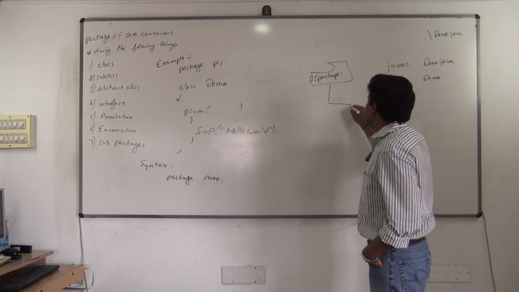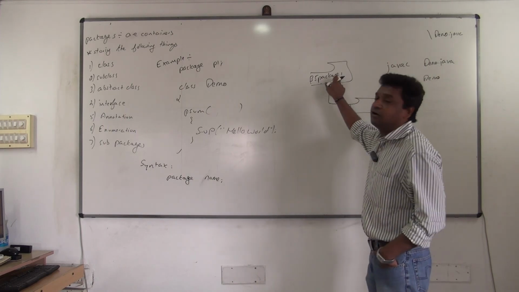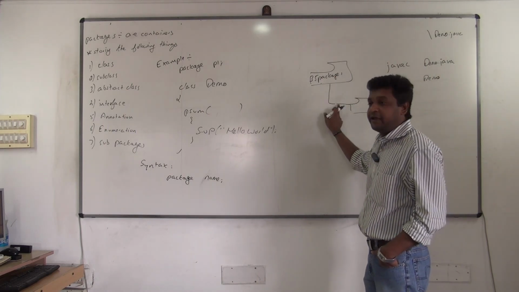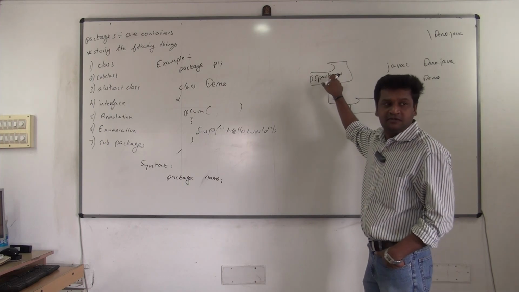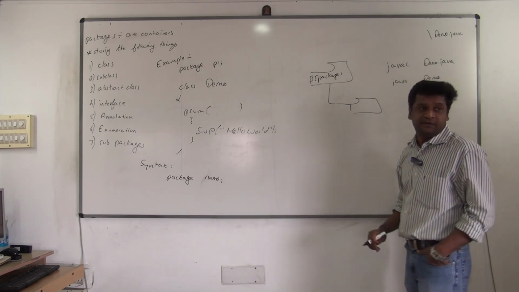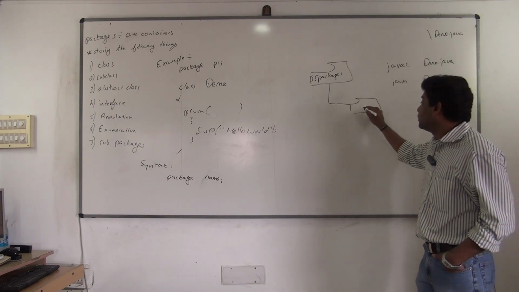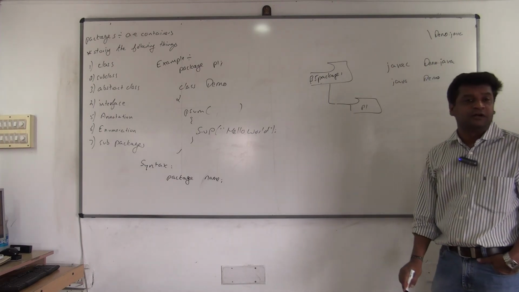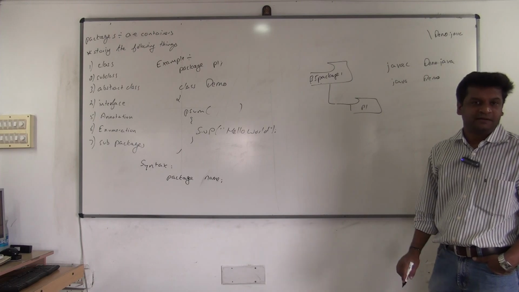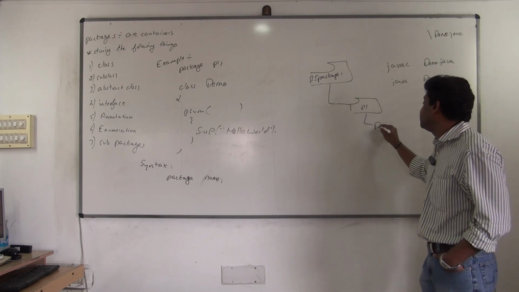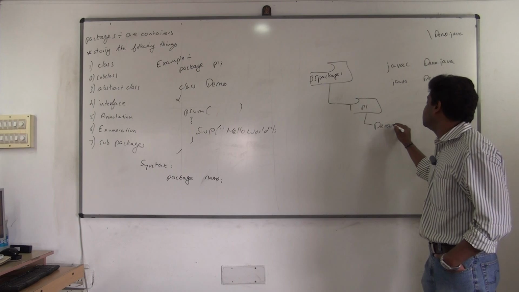Till now you were saving all your files directly into this location. But now you are not supposed to do it. If you want to put a class in a package, compulsorily you have to create one folder by the name p1. That is mandatory. And in this location you have to save your demo.java.